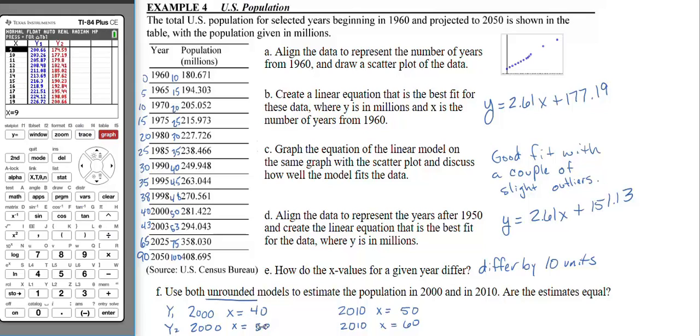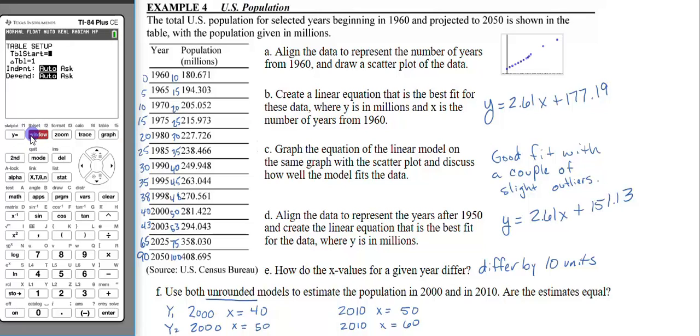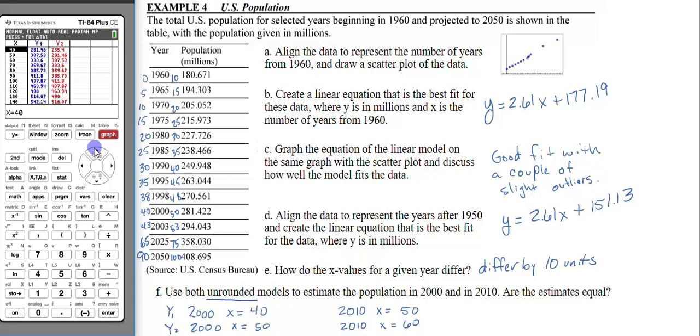We want to start at years 40, 50, 60. So let's go into our table set and start at 40. And we can actually change how much the table is changing by. So we can change it by tens and just have all of our data real nice set up in the table there for us.